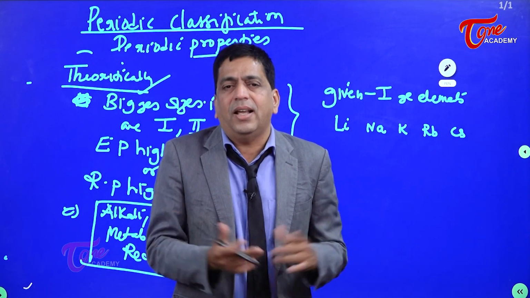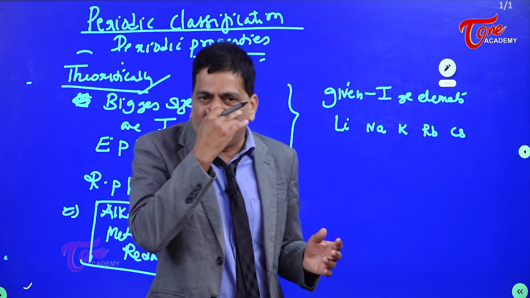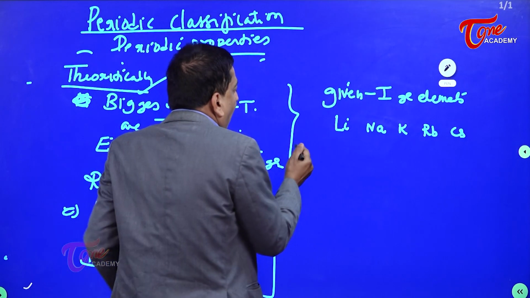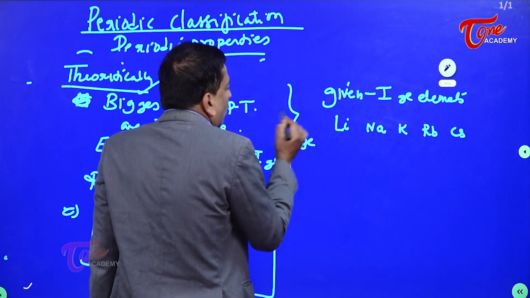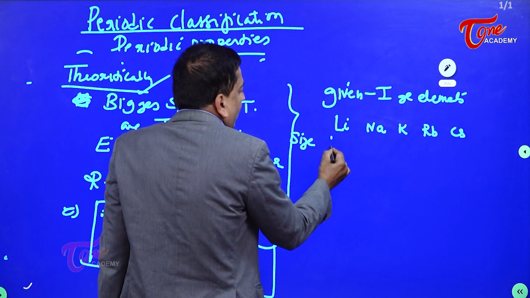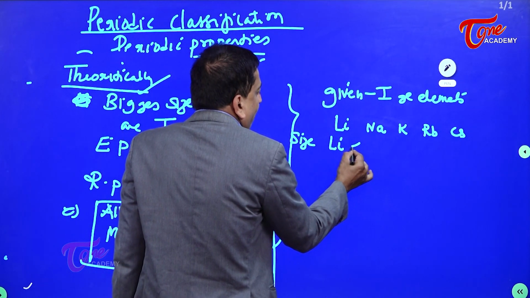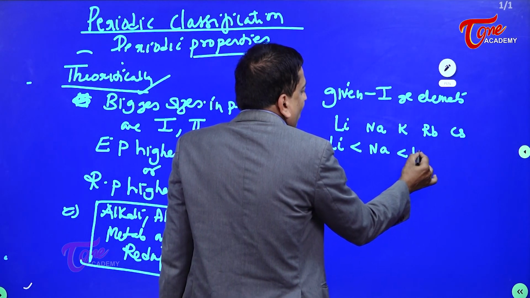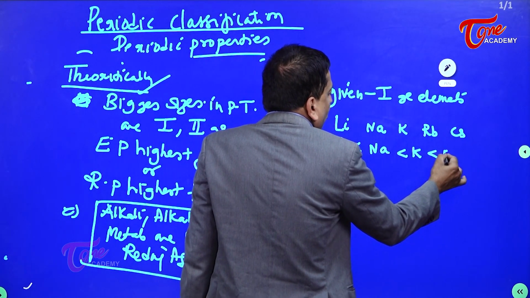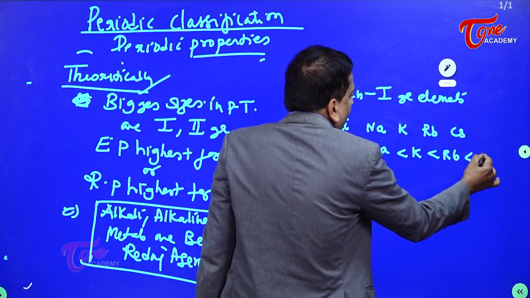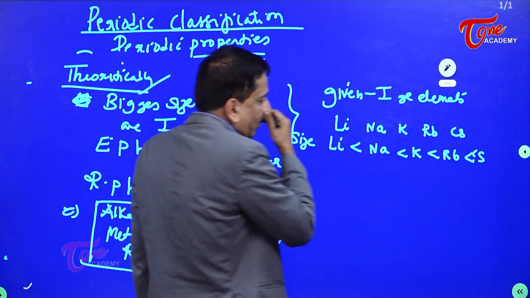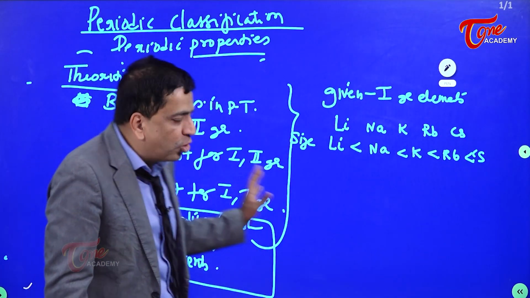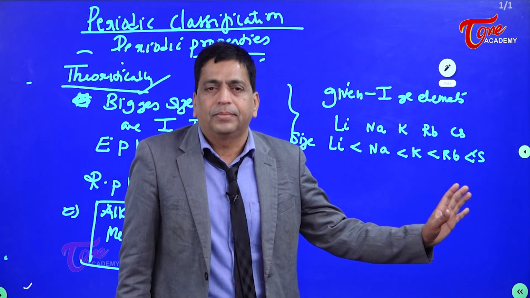When the size increases, electropositivity increases, and reducing power should increase. If you look into the size, then lithium is the smallest of all compared to sodium, potassium, rubidium, cesium. That is the size trend of the first group.